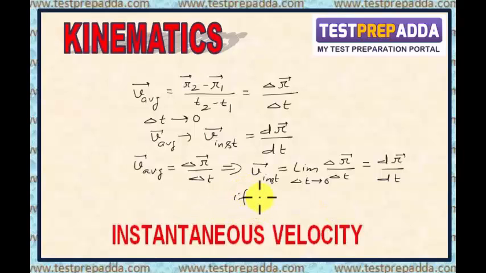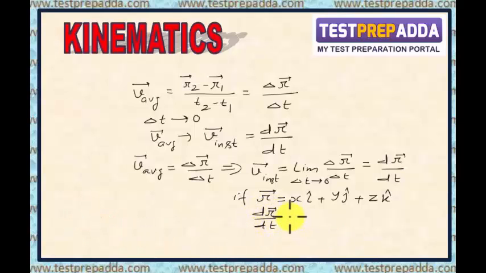Now if the position vector r is given as x i cap plus y j cap plus z k cap, then dr by dt will be dx by dt i cap plus dy by dt j cap plus dz by dt k cap.